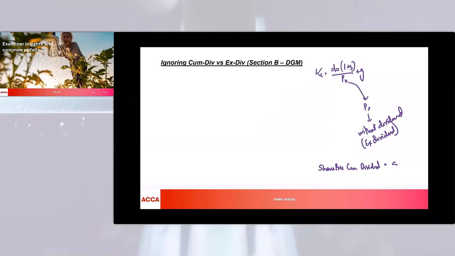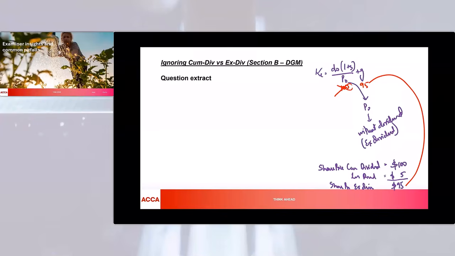Cum dividend is, let's say, 100, and less dividend, let's say the dividend is 5. I should take 95, which is the share price ex dividend. I should not take 100 here; I'm supposed to take 95 here. So this is one very commonly made mistake. And candidates, when they read the question, do not realize that the information given is cum dividend, and we need to convert it into ex dividend.